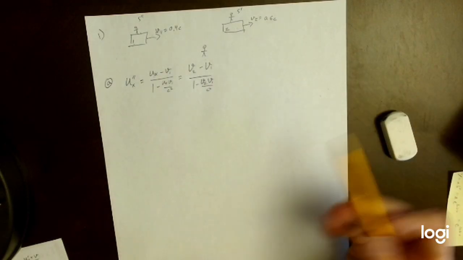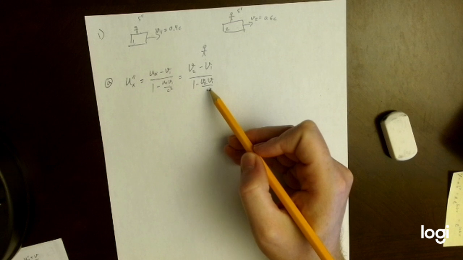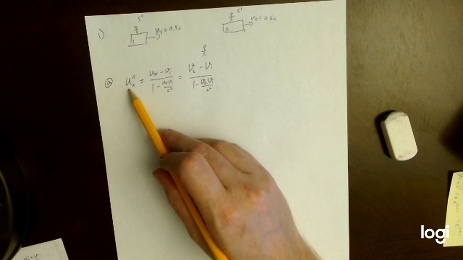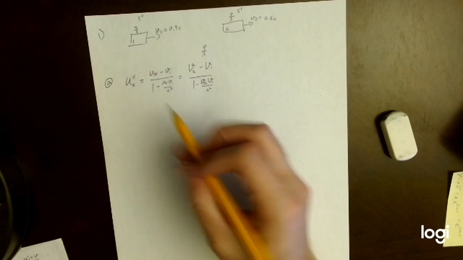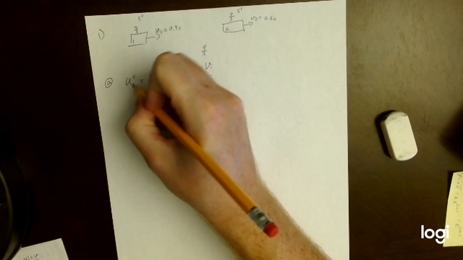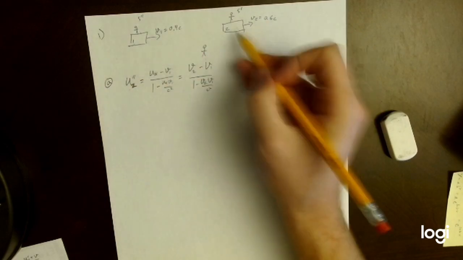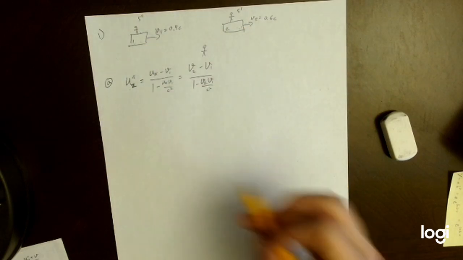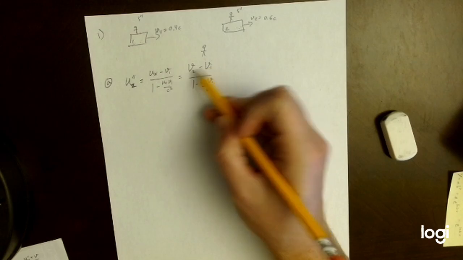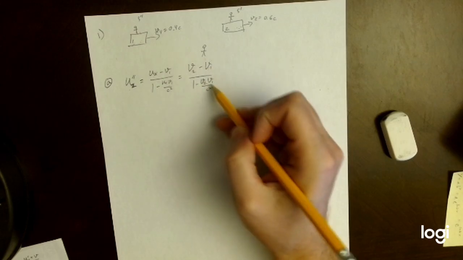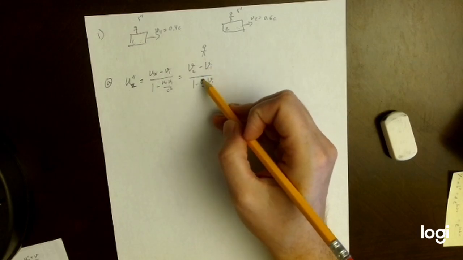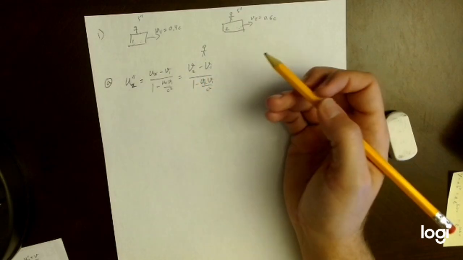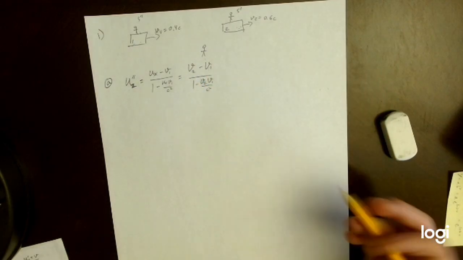Just like we would expect, if v over c was very small, then this velocity, u double prime 2, which is the speed of this car in the double primed frame, is just the difference of the velocities. When v over c is very small, it would just be 0.2, which is what we expected Galileo would have said.